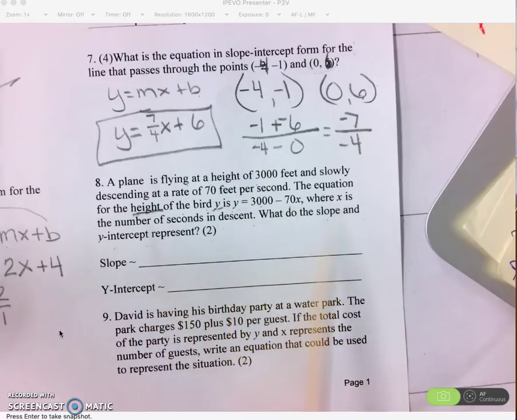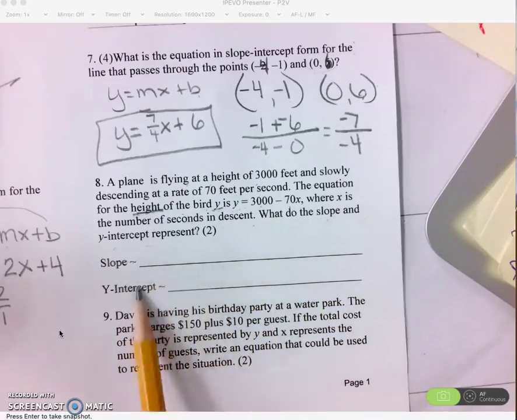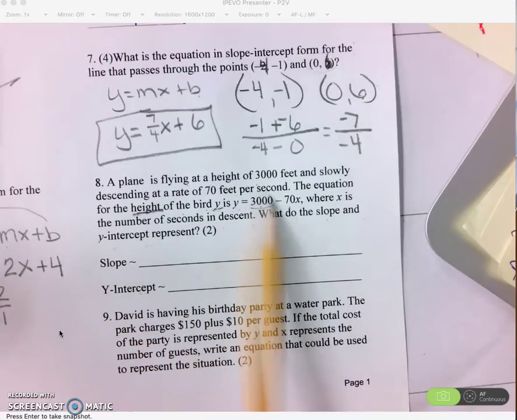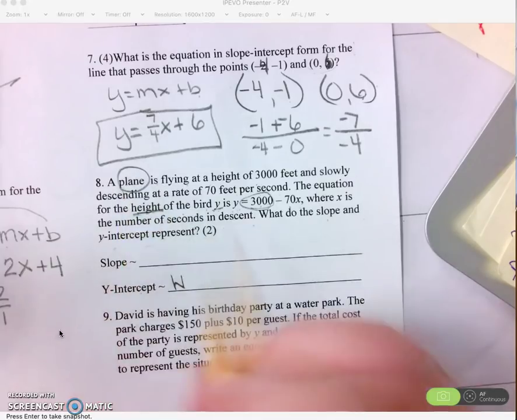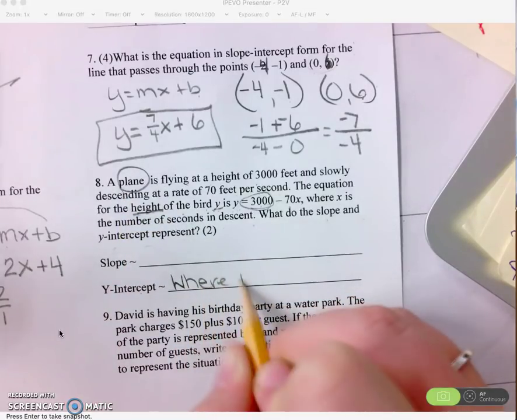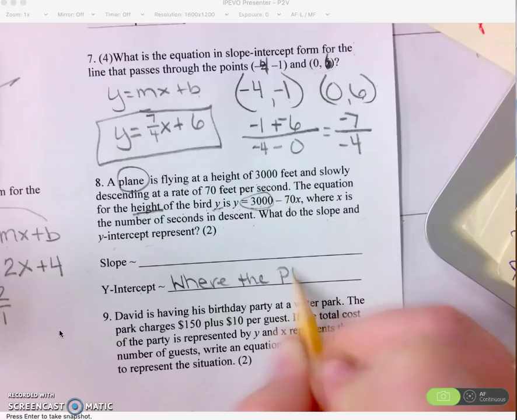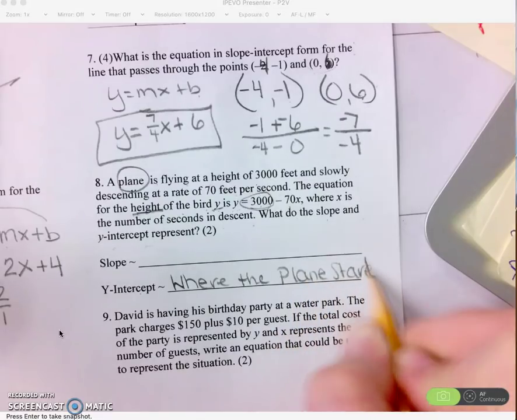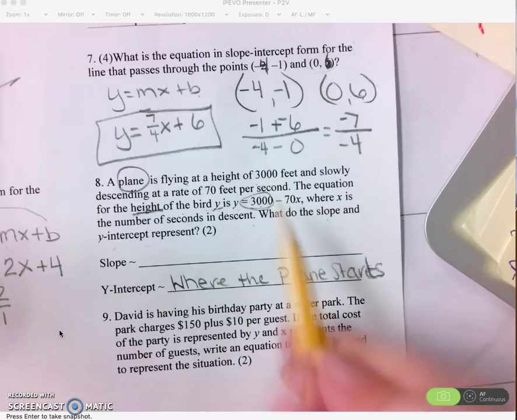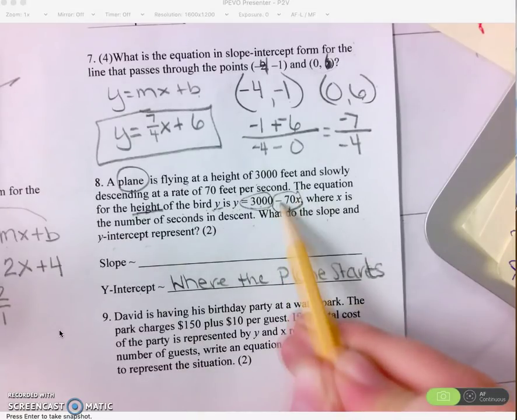So if you think about it, where does it start? The y-intercept is where the plane starts. The slope is going to be that -70.